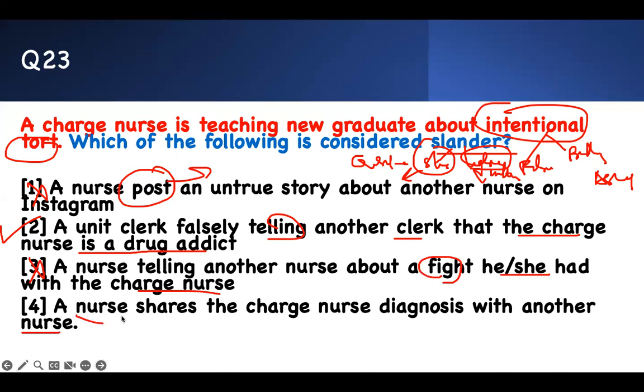Think about it. I tell another nurse about your diagnosis. I never say it's false. It was a true diagnosis. What are you doing? You're just violating their privacy. You're violating the HIPAA rule. You're not supposed to share somebody's diagnosis with another person. But there's no slander. I'm just telling them your diagnosis. So the only thing that is slander is number 2.